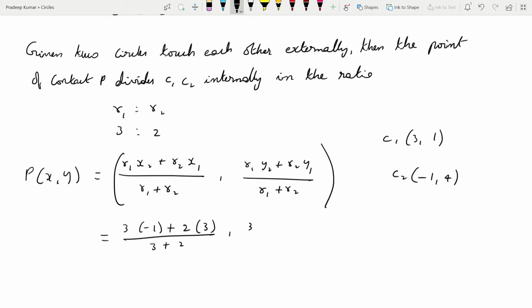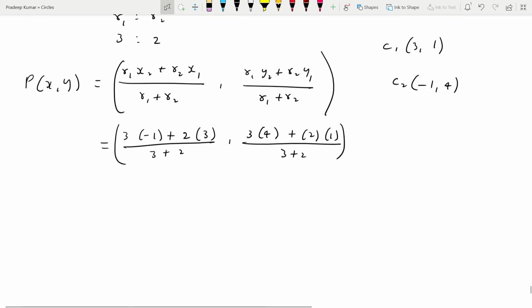Then y2 is 4, R2 is 2, and y1 is 1, whole over 3 plus 2. Let's solve this further and we'll get the point.